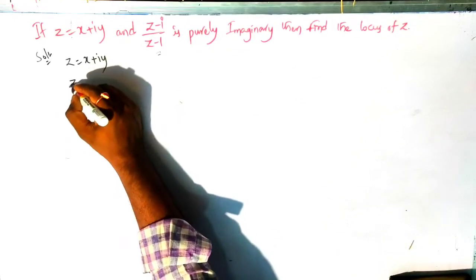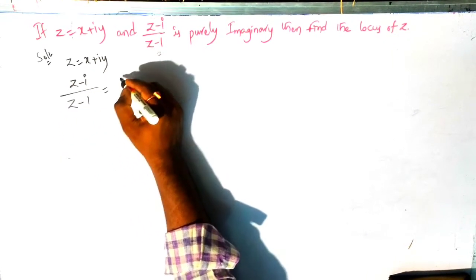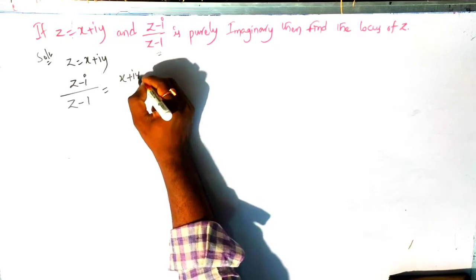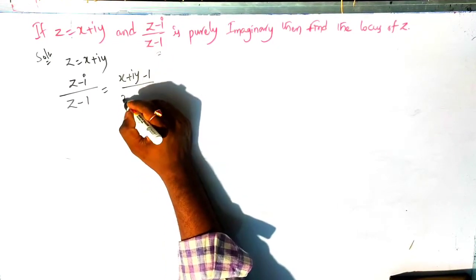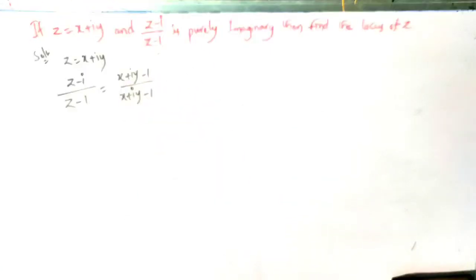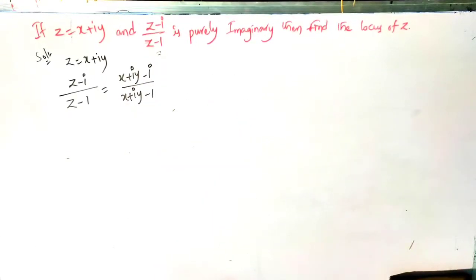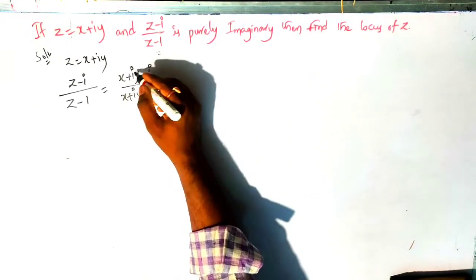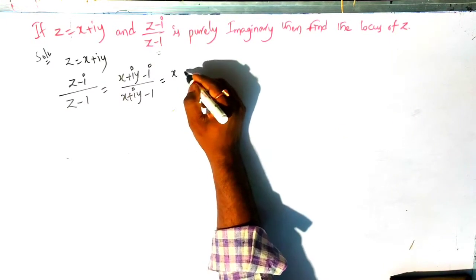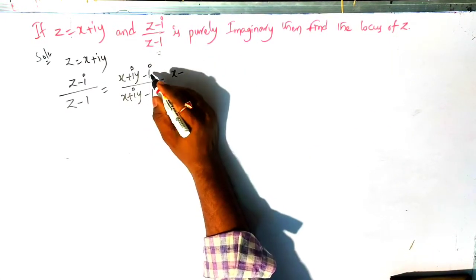So z minus i divided by z minus 1: x plus iy minus i divided by x plus iy minus 1. Okay, so we separate the imaginary part and real part here. The imaginary part is iy minus i.